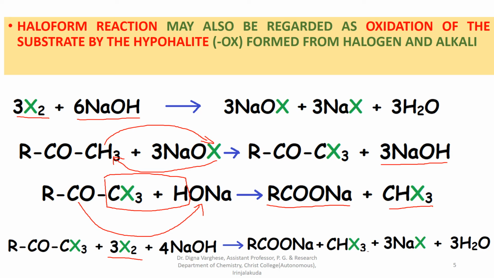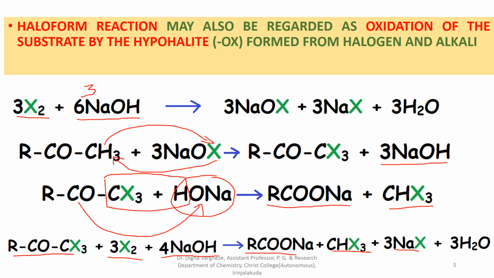So the net is 3 sodium hydroxide here and 1 sodium hydroxide here. So the total number of sodium hydroxide is 4, and the trihalo compound, that is RCOCH3 here, forms sodium carboxylate, haloform, and sodium halide with water.